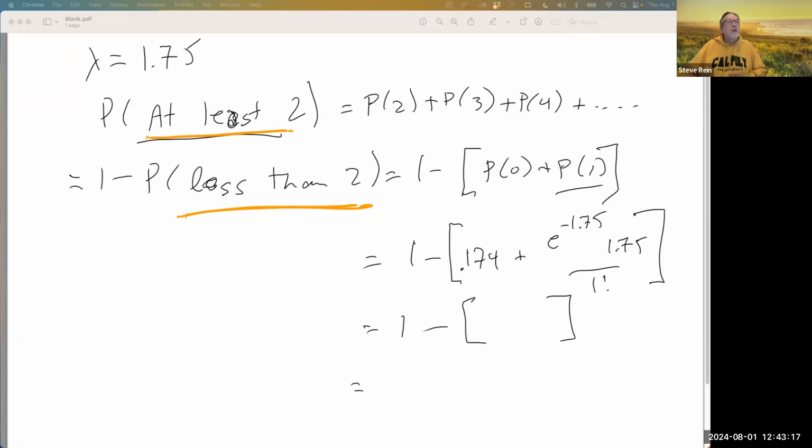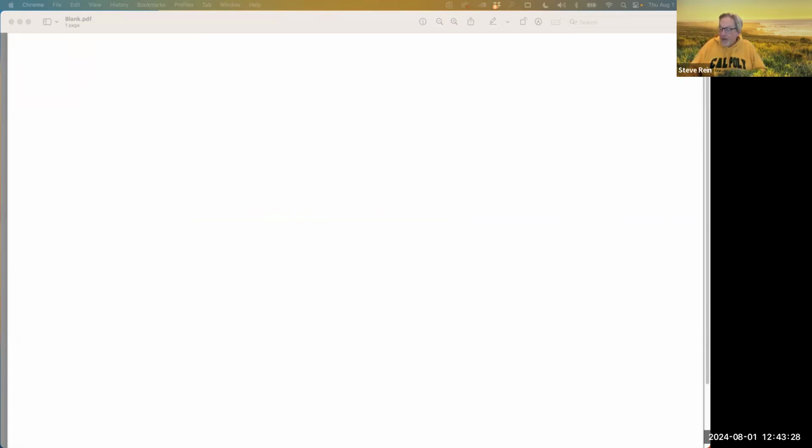Okay, so what I want to do is move forward into the relationship between Poisson and binomial. This is something I was hinting at earlier, but I didn't want to pursue that line because it was a brain fart.